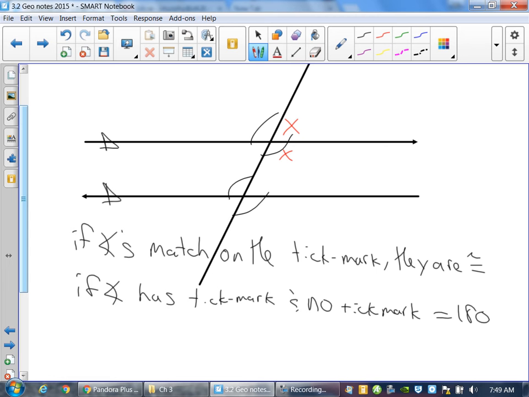Those 2 angles have to add up to 180. What if they both don't have a tick mark? Careful. They're equal. So if the angles match with the tick marks or match with no tick marks, they're equal.